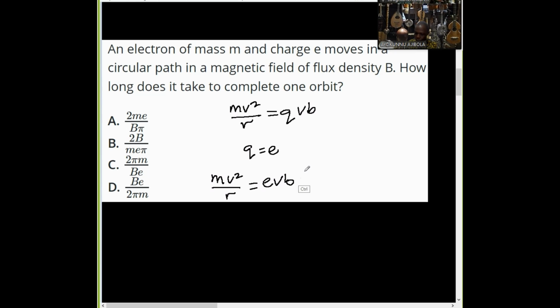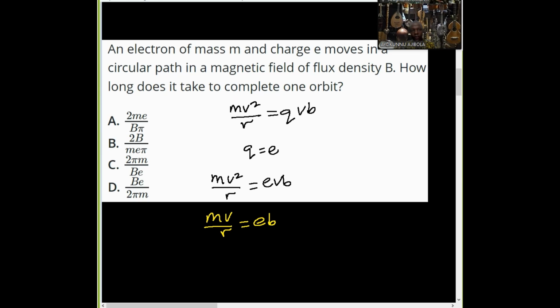It becomes m v squared over r equal to e v B. You divide both sides by v because v is on both sides. If you cancel out v, you're left with m v over r equal to e B.